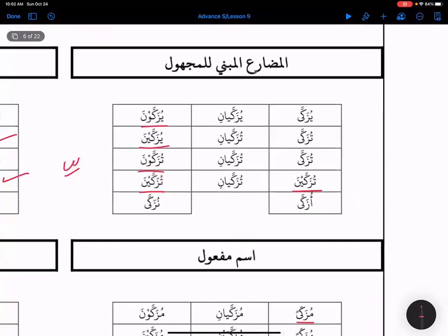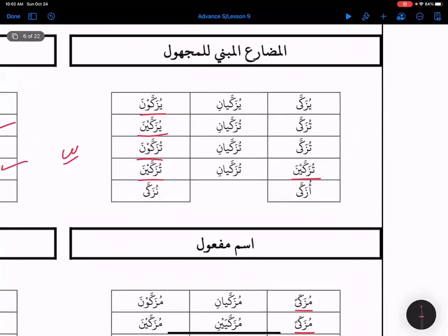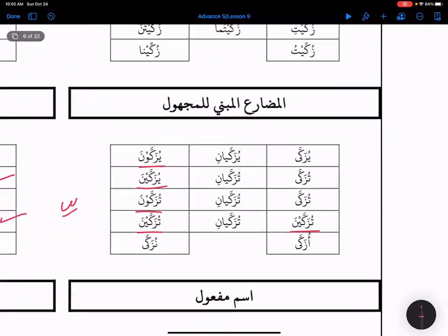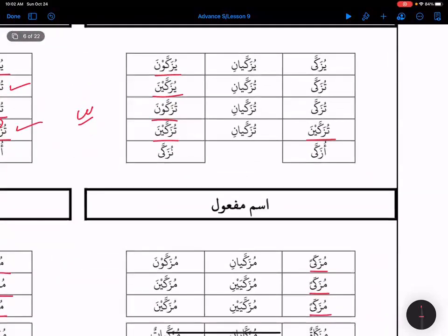So this is majhul. Then we have zakka. Sorry, that was majhul, right? So zukiya becomes yuzakka. At hum it will become yuzakkauna, because it was fatha over there, so the hum version will be au sound.